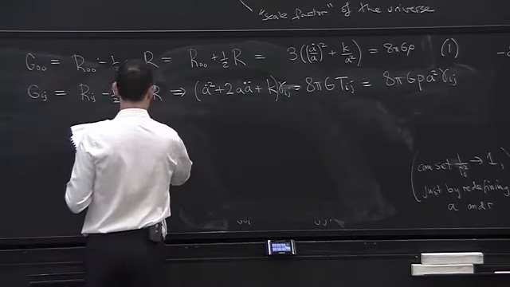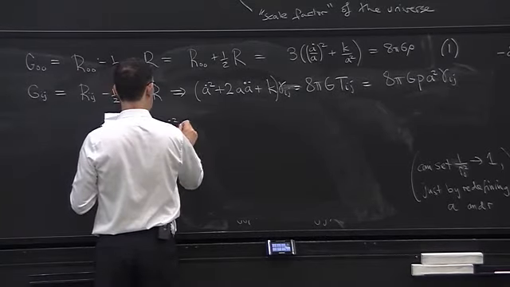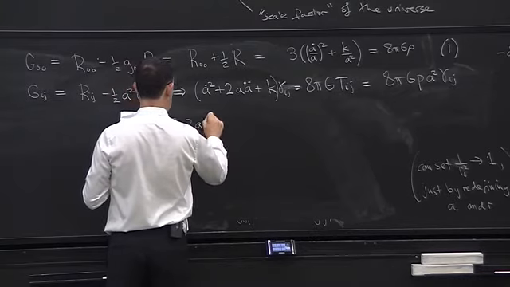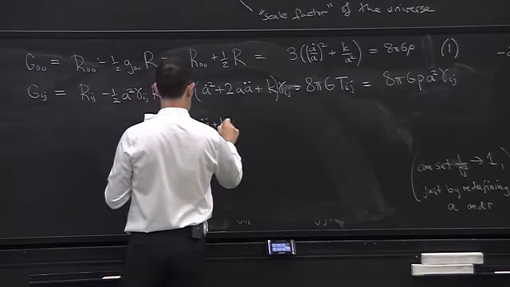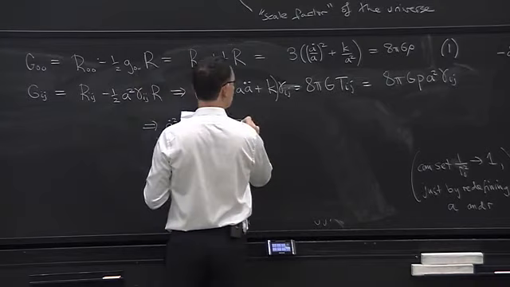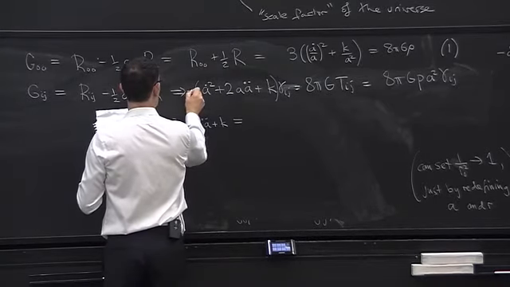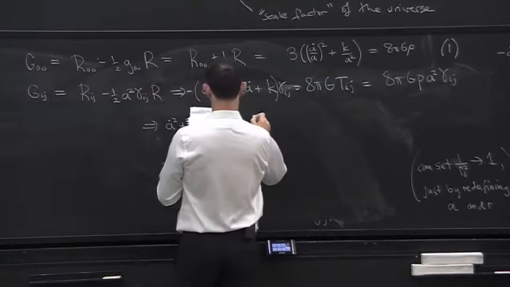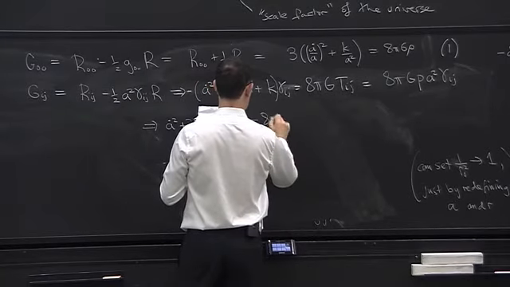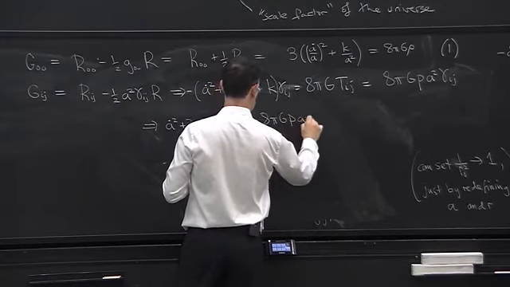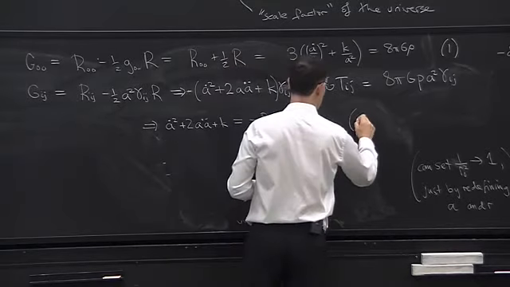And so what we get is that a dot squared plus 2a double dot plus k equals, sorry, there was a minus sign here. Minus 8 pi G p a squared. So that's equation 2.